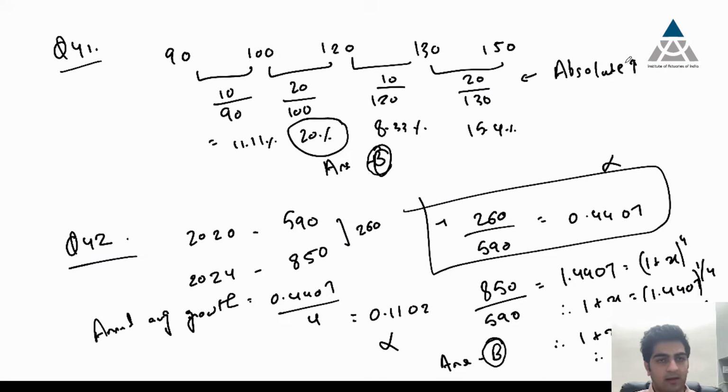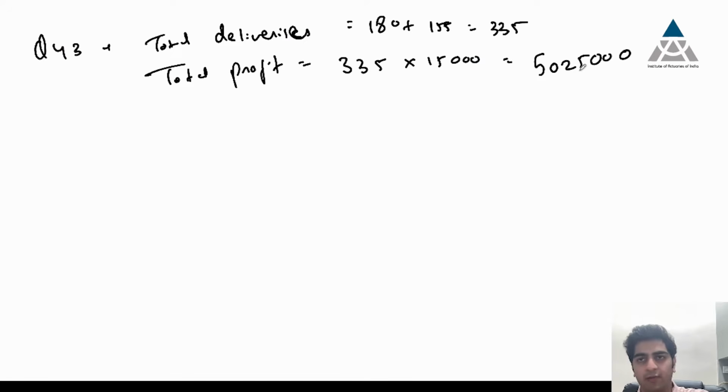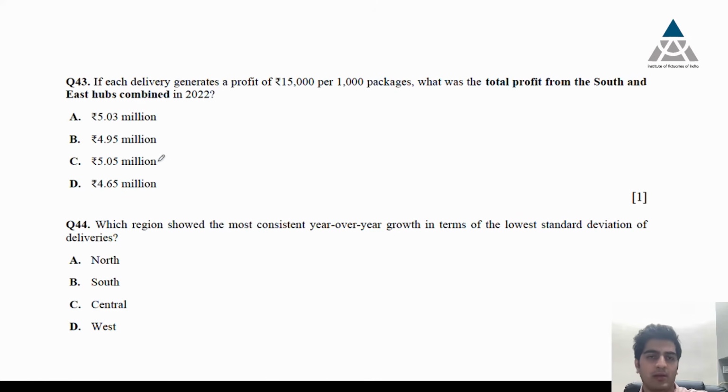And if you look at the options, they have rounded it off. This is 50,25,000, or you can say this is nothing but 5.03 million. So that's option A. Correct?